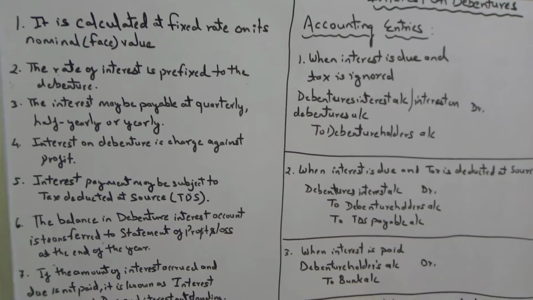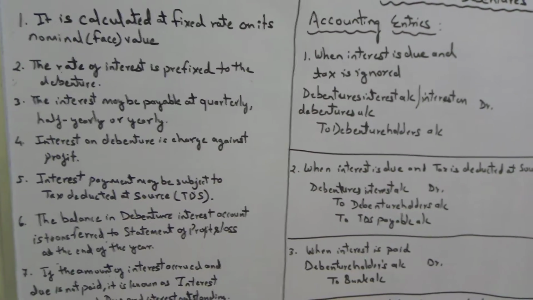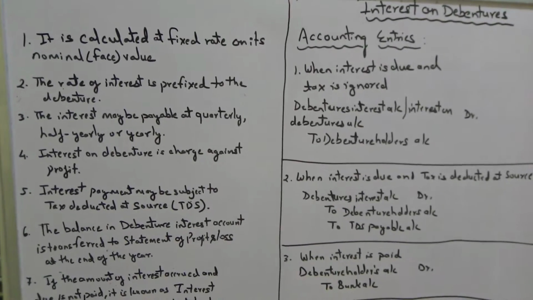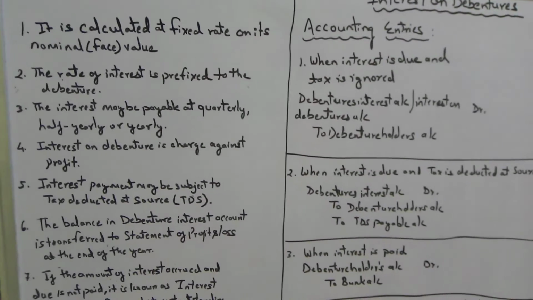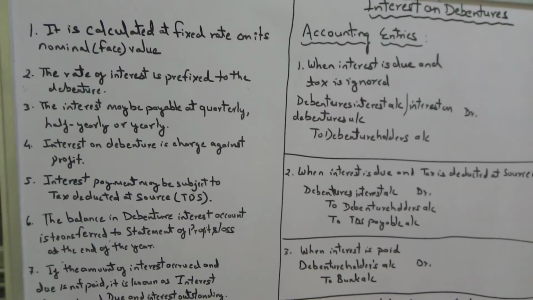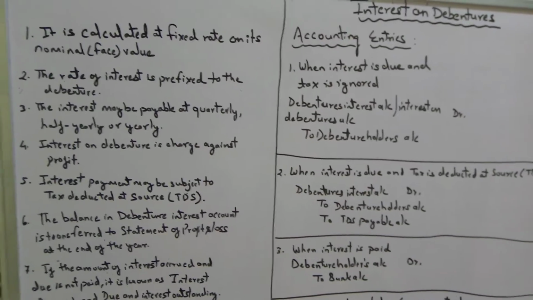So that advance deduction of income is called TDS. That amount which is deducted in advance shall be deposited into the government's account. So this is TDS. It's a tax which is imposed by the government in advance on your income.